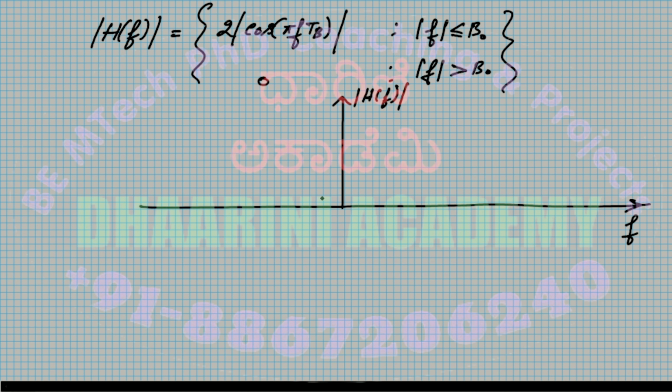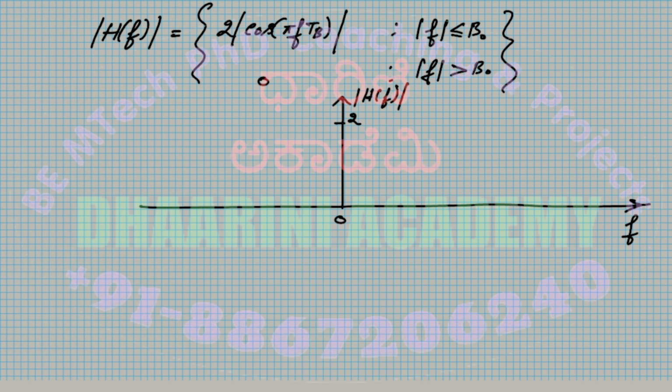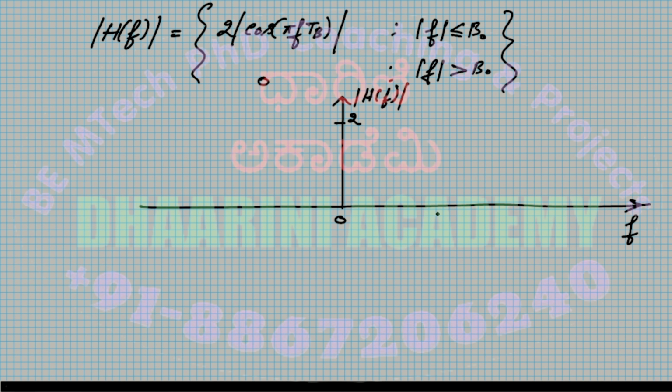So 2 into 1, when frequency is 0, this is the highest value, equal to 2. Now, when you put f equal to b naught, immediately after b naught, this is going to be 0. So this has to start from here, come down and reach here. Similarly, on the other side, I have minus b naught, so it also has to reach 0.